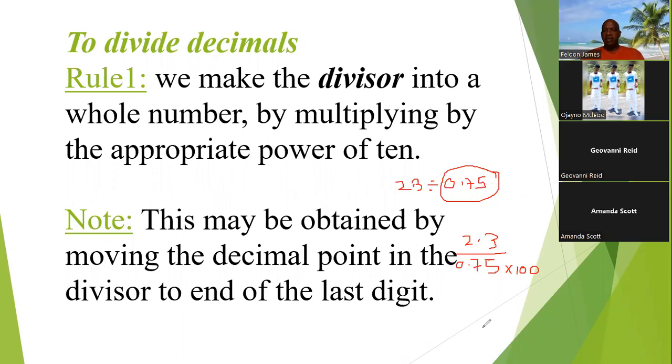Now, do we leave the numerator in the same way? Do we leave it as 2.3?